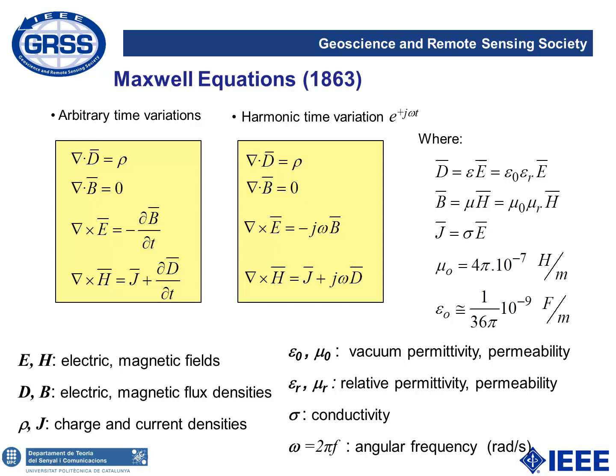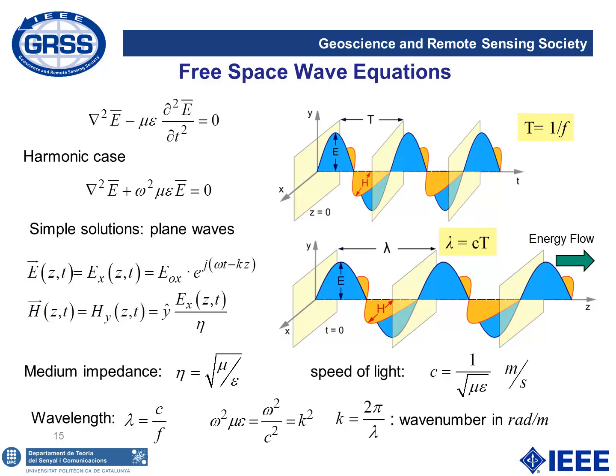Combining both expressions, we obtain a wave equation. Let's take a look at the wave equation in free space conditions. Solutions to this equation, either in the arbitrary time variation or harmonic time variation, correspond to waves that can propagate in space without any material support.